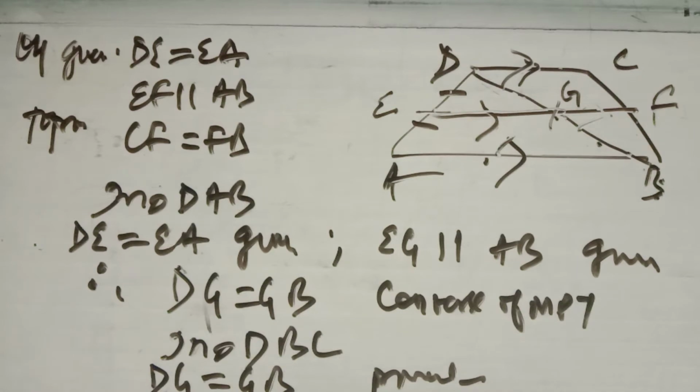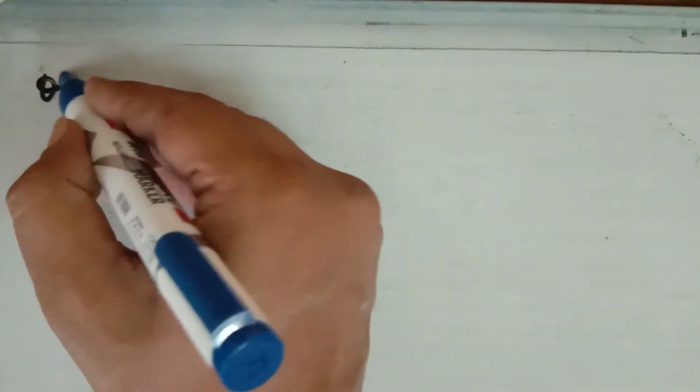Now in question number 5, what is given? You read it. In question number 5, it is given that in a parallelogram ABCD, E and F are the midpoints of AB and CD.